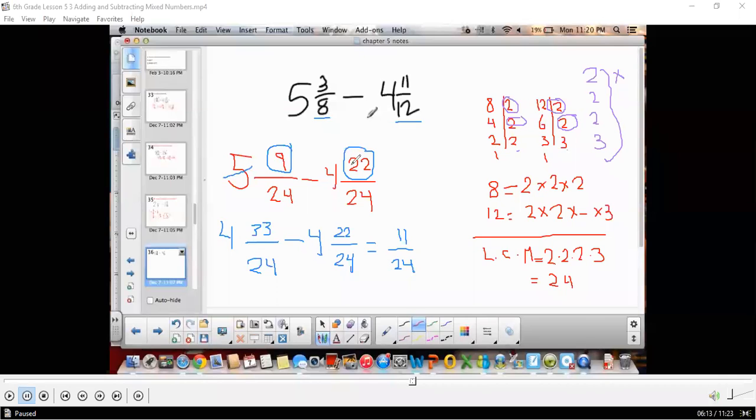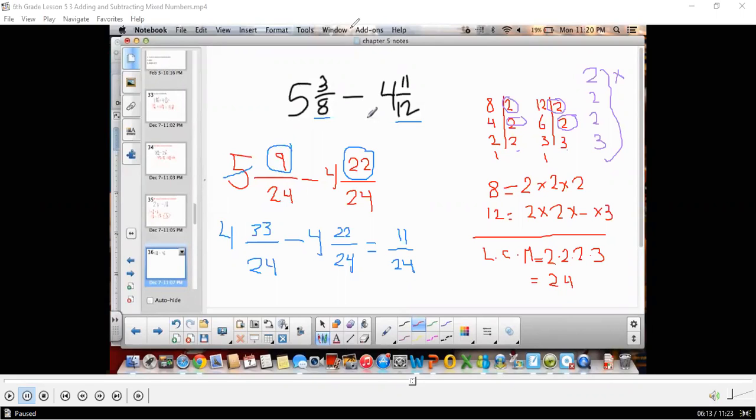Since 9 is less than 22, it will be 33 minus 22, because we changed this one. As I told you, we have a quick way. You decrease this number by 1, and then you add numerator and denominator, because the one which you borrowed was 24 over 24. So in a quick way, decrease this one to 4, and then add numerator and denominator together. So we have another way.